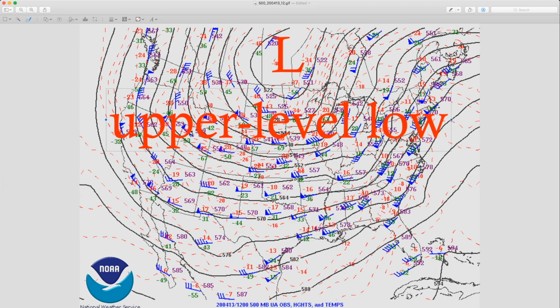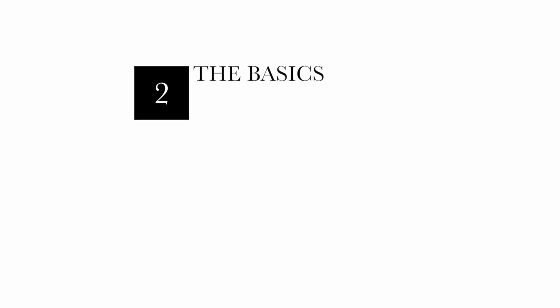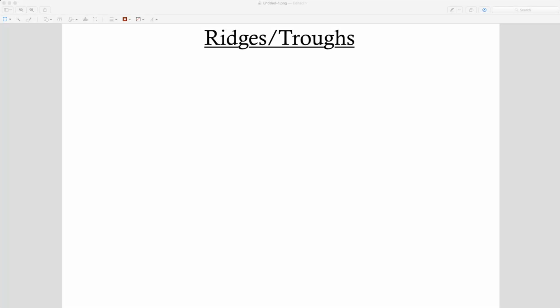Before we go into too much detail about this map, I need to explain what a trough is, what a ridge is, and the general patterns. We need to do a little bit of theory here to understand what we're about to do. Let's go through a general pattern together.